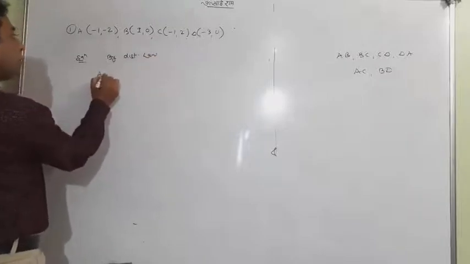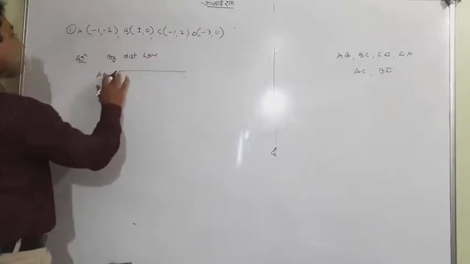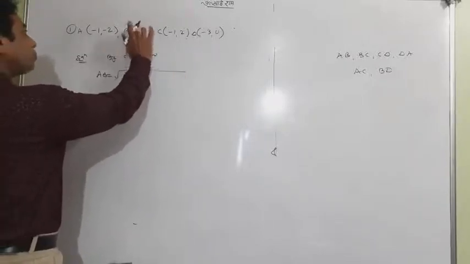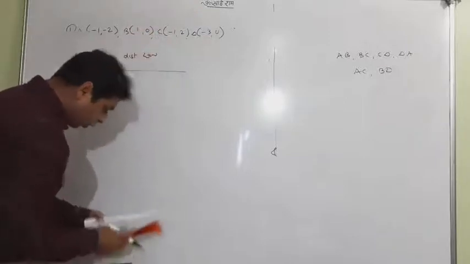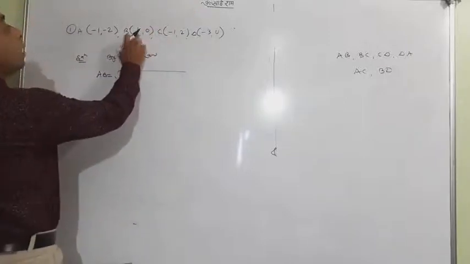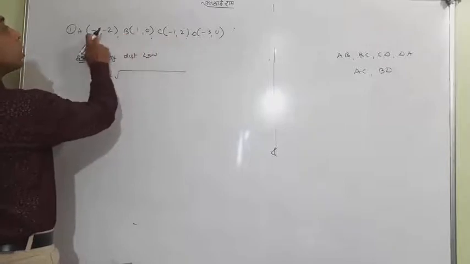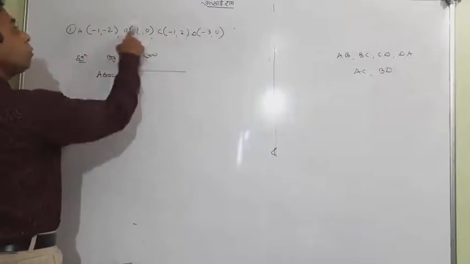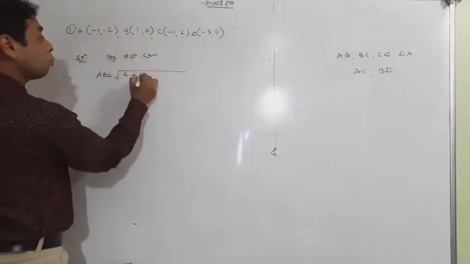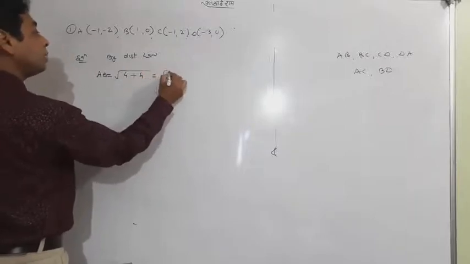I'll go with AB. Tell me quick, AB: 1 plus 1, 2, square is 4; 0 minus 2 plus 2 is 4. Meaning it's going to be root 8.